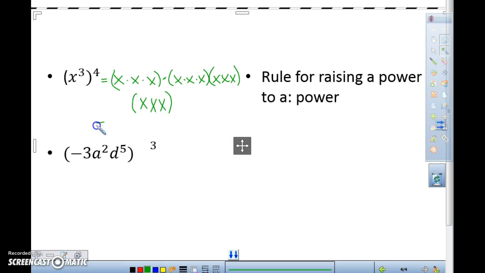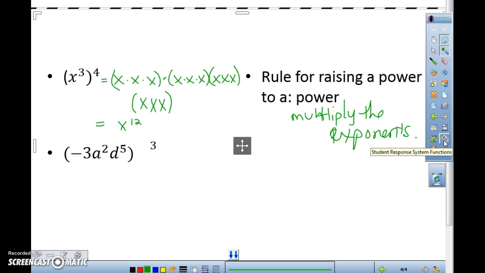How many x's do I really have altogether? I have 12 of them. So when we raise a power to a power, what do you think the rule is? You multiply, yes. 3 times 4, so you're going to multiply. If you can't memorize the rules, just write them out. Okay?